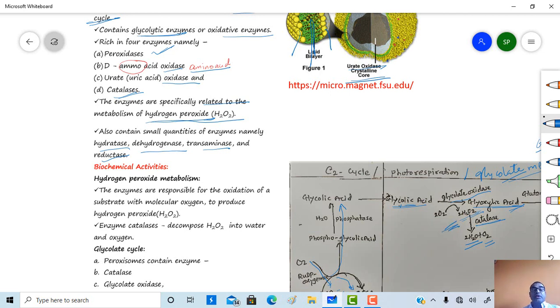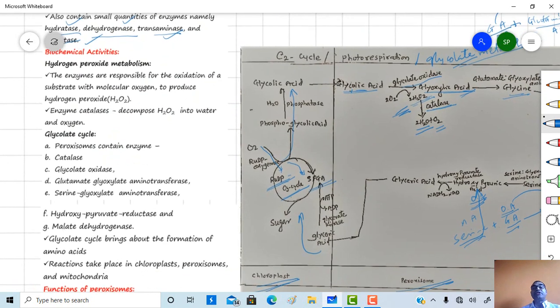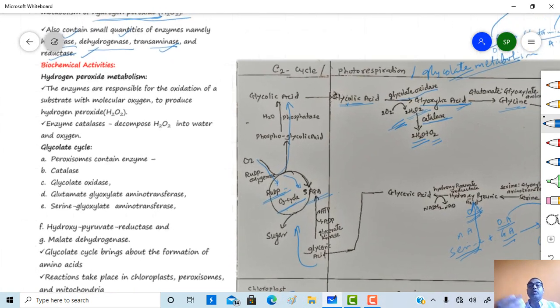Okay, this also contains various kinds of enzymes like hydratase, dehydrogenase, aminotransferase or transaminase, and reductase enzymes. Just the biochemical activities played by the peroxisome. Enzymes are responsible for the oxidation of the substrate with molecular oxygen to produce hydrogen peroxide. The hydrogen peroxide metabolism is present.